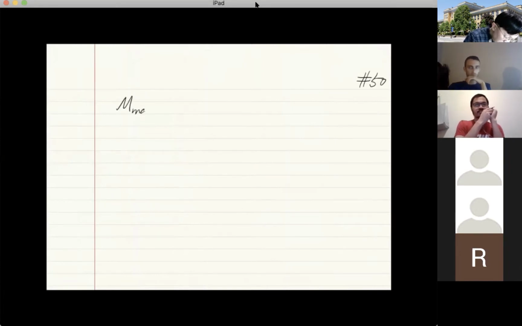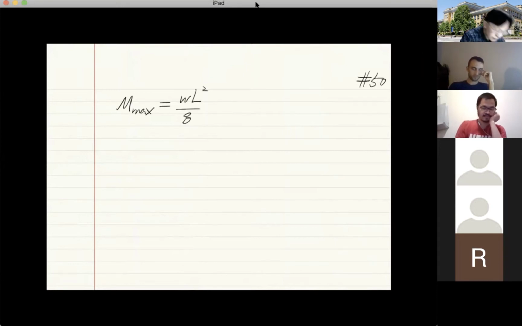The amplified maximum moment also equals to this, and that is WL squared over 8 times an amplification factor, which is 2 times the secant of U minus 1 over U squared.